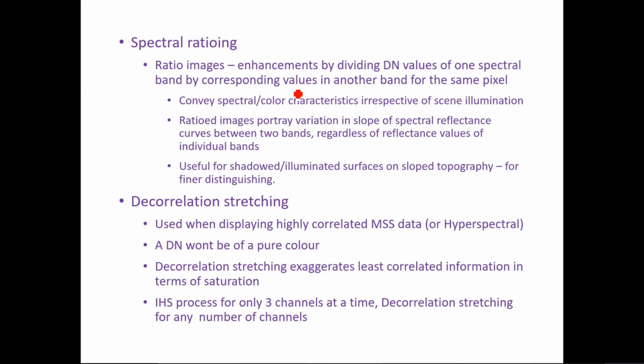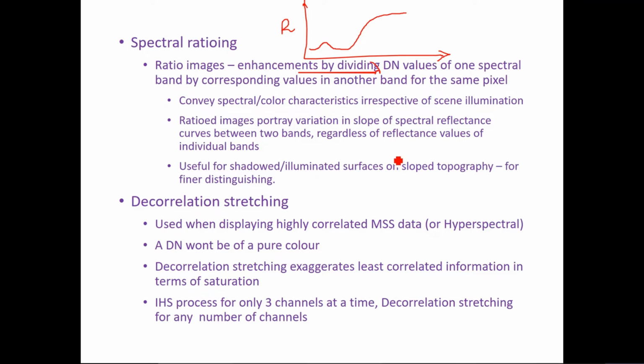So these ratioed images portray variation in the slope of SRPs. The SRPs, you remember the SRPs, right? SRP for maybe vegetation looks like this. I hope you remember this. Reflectance versus wavelength. So at different wavelengths, it had different reflectances, obviously.